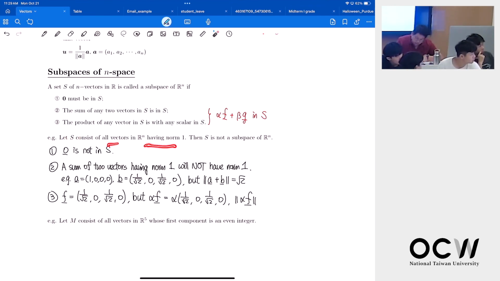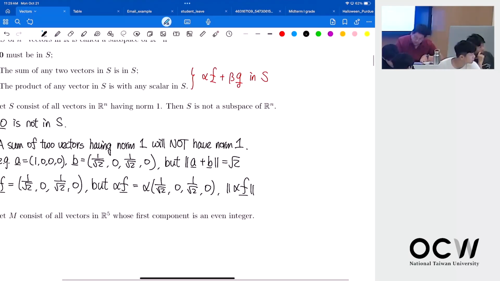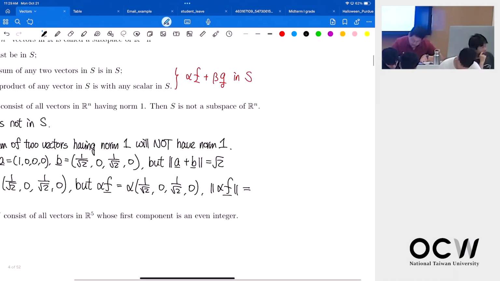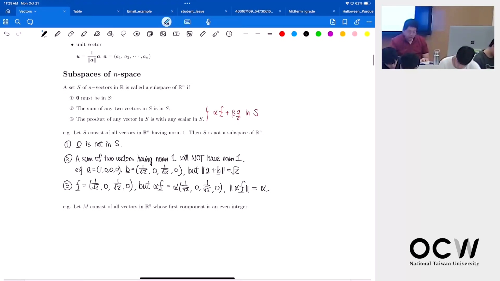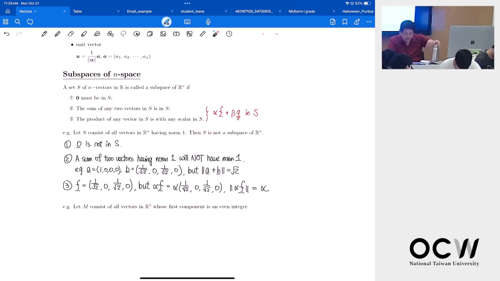All the vectors should have norm 1. But in that case, this norm is alpha, not 1. So they violate all three requirements. So this S is not a subspace of R to the n.